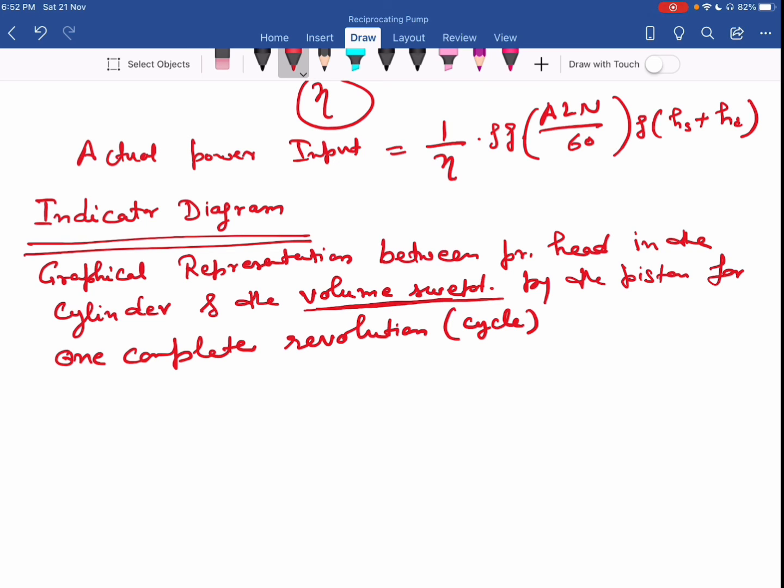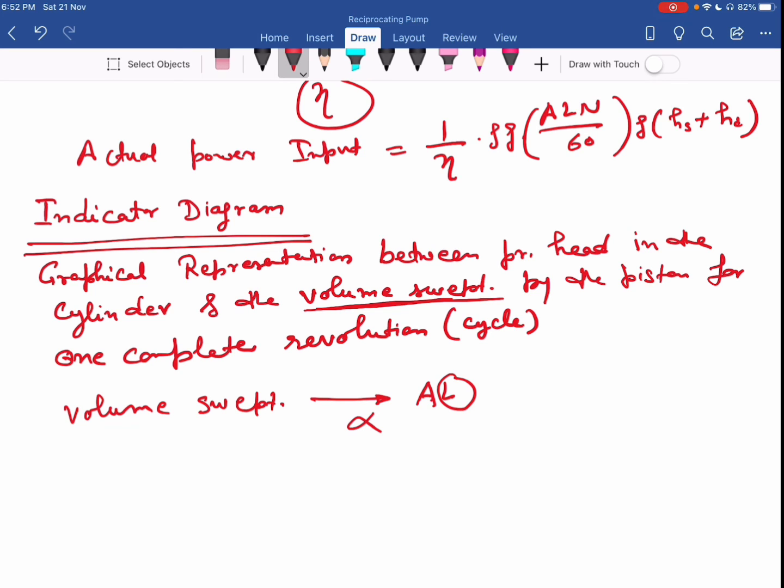This swept volume you can see. Now this swept volume is A into stroke length, the area of the cylinder multiplied by the stroke length. Now for the given cylinder, this volume swept is proportional to the stroke length.